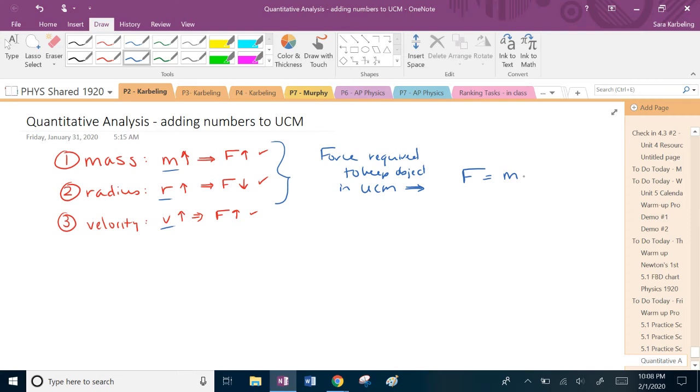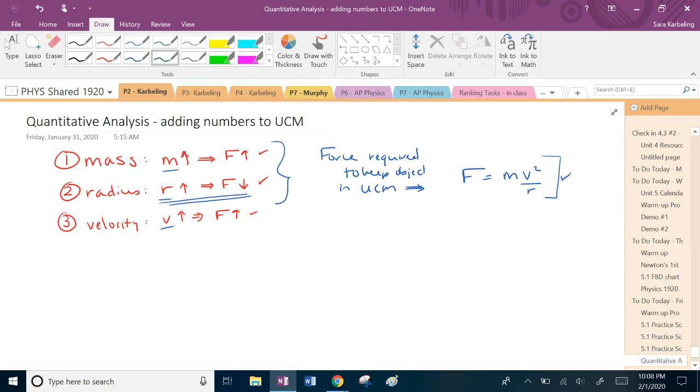We just said that. Also, the velocity is going to cause the force to increase. It happens to be as a squared. If you want to know the details of that, let me know or let your teacher know, and we'd be very happy to show you how. But for now, we're just going to leave it right there. And then the last thing is the radius. Remember, we said that the radius and the force are inversely related, so that's why it's going to go in the denominator. This is a nice thing to know and utilize.